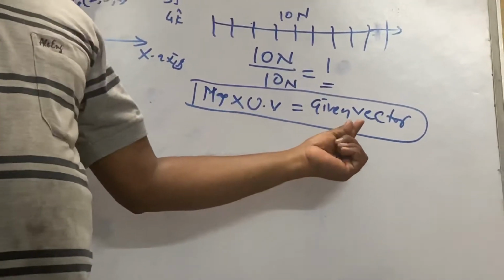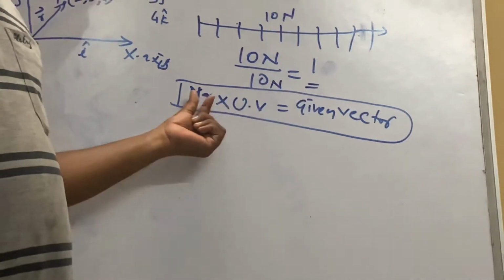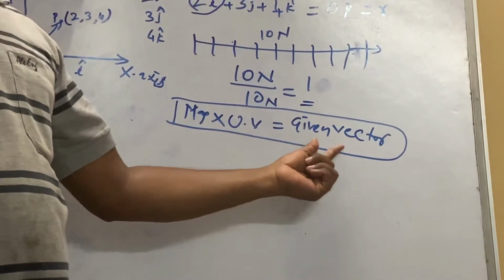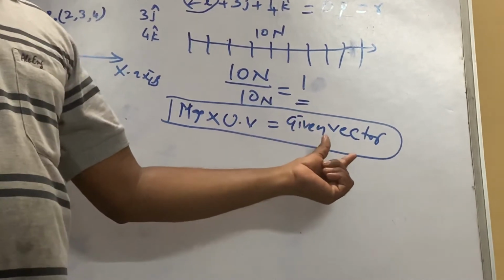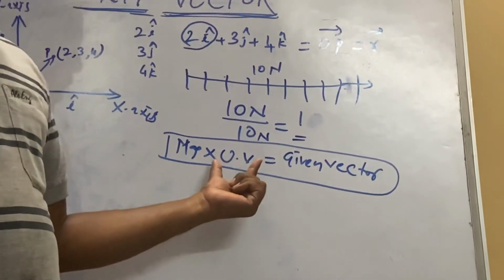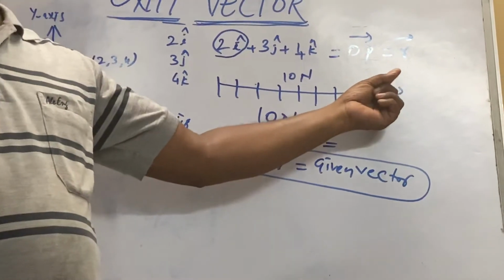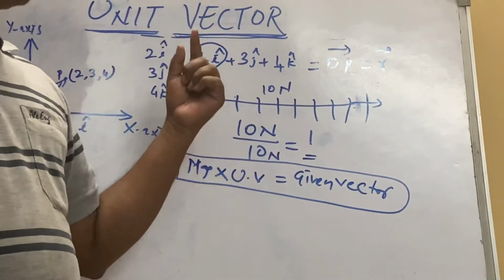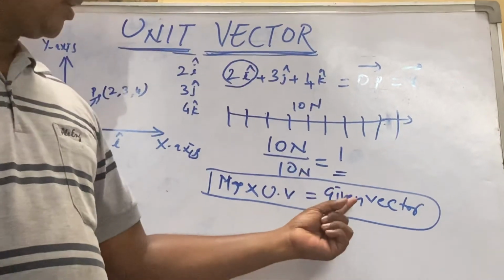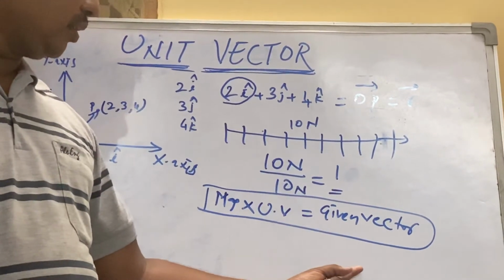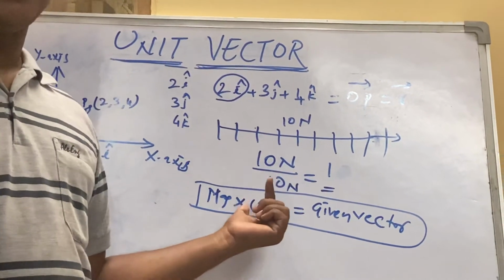To find the unit vector, first we find the magnitude, then divide the given vector by the magnitude to get the unit vector.